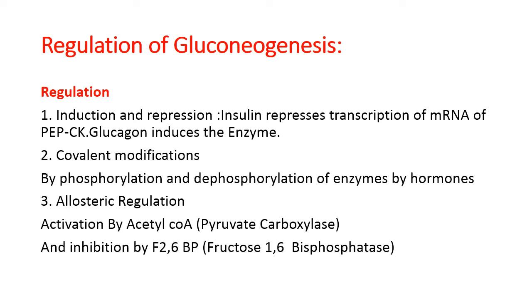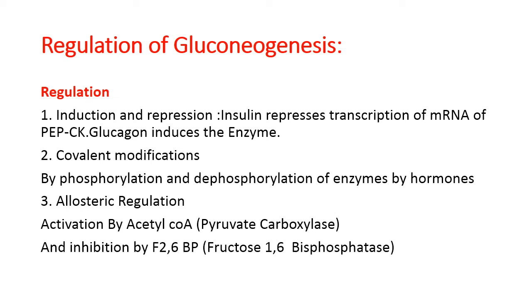To sum up, gluconeogenesis takes place in the liver and renal cortex. It is partly cytosolic and partly mitochondrial. It can occur from different sources, like lactate, glucogenic amino acids, propionyl coenzyme A, and glycerol. The rate limiting enzyme of the pathway is phosphoenolpyruvate carboxykinase, and the regulation takes place via induction and repression of this enzyme by insulin and glucagon.